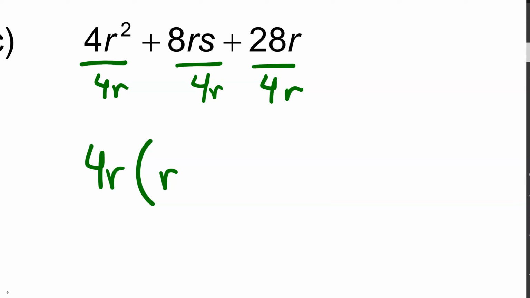It's just r. Plus 2s plus 7. Exactly. Look, there's nothing else in common inside here, right? 7 and r and 2s, nothing else in common. But they all have an r in there, and they all are multiples of 4. So I pulled out the greatest common factor.